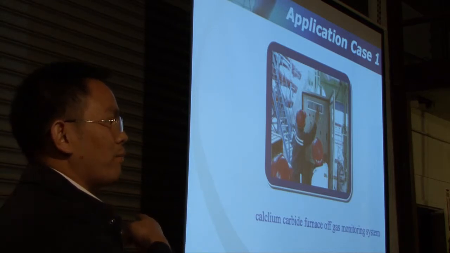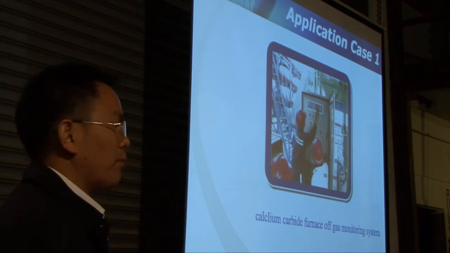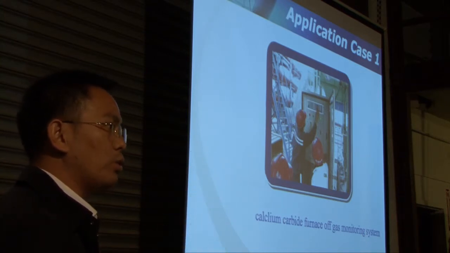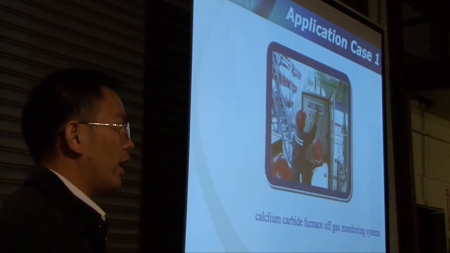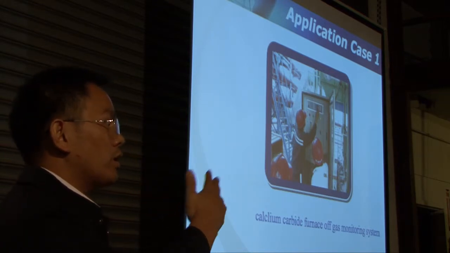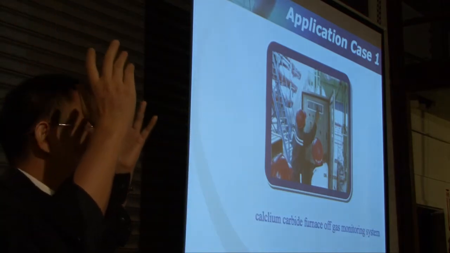Now China is the main manufacturer in the world of this kind of chemical. The gas that comes out is mainly CO, sometimes CO2, CH4, H2 and O2. H2 is very important because of moisture leakage: when moisture leaks, H2 comes out and then there is an explosion.